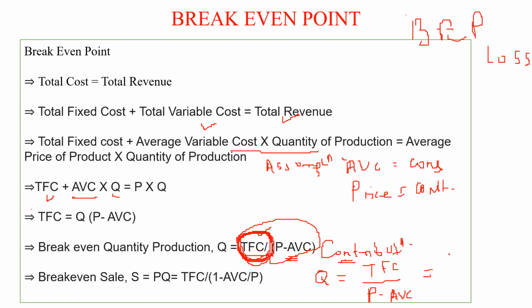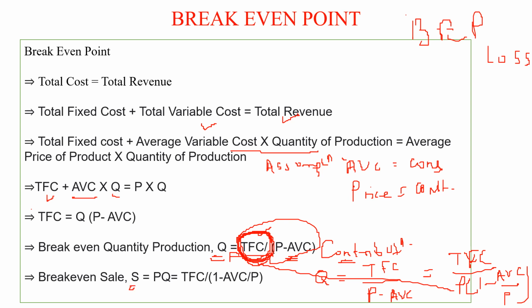Suppose I take P as common: total fixed cost, P as common, then 1 minus AVC divided by P. That P will be multiplied here, and when it is multiplied, that will give you break-even sales. To calculate the break-even point, two important things you need to remember: how to calculate the break-even quantity of production and how to calculate break-even sales.